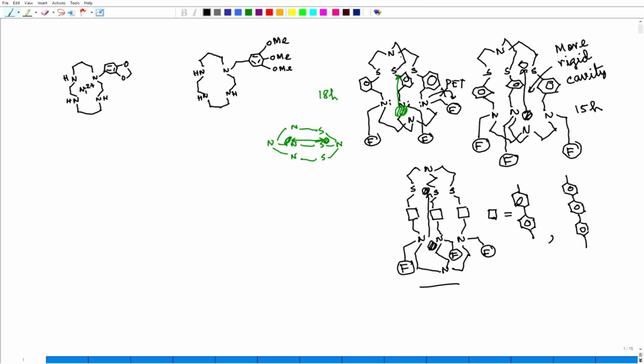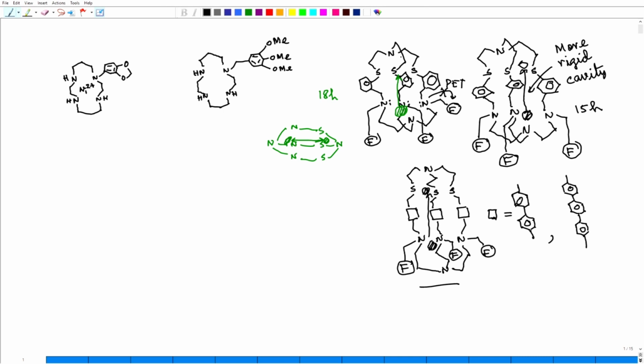Now, if we excite it, it gives fluorescence. This is a fluorophore. It is high energy, but it still is a fluorophore. This is also a fluorophore. So, how do they give reversibility of fluorescence? Here, if I put nickel 2 plus, I get fluorescence, because this is the system.